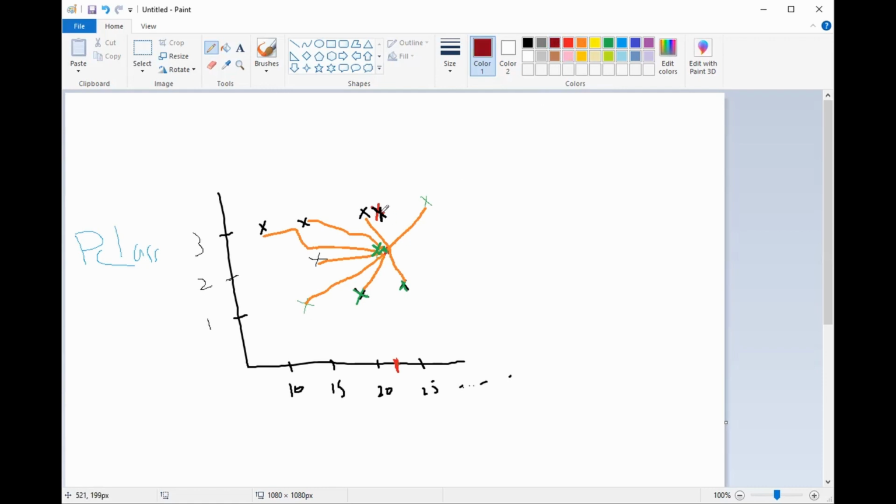Now let's take this new point and let's see what are the closest people for this new data point. So of course, this black is the closest. Then from this green is the closest. And then this second green is the closest. So if we take the three closest people for this new data point, two of them are green, this and this, and one of them is black. So two of them survived and one of them did not survive.